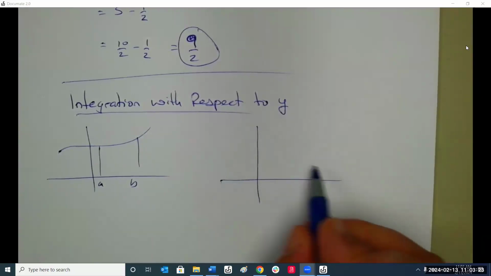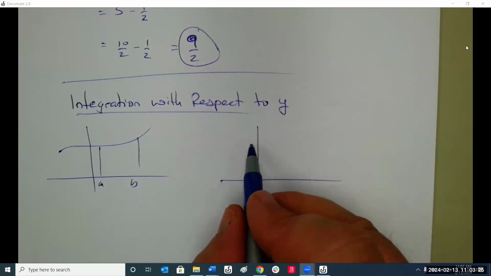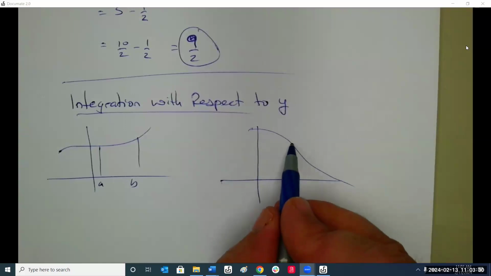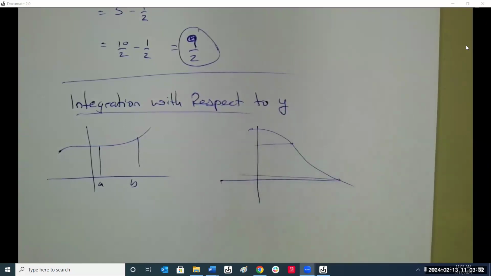Now we want to do it this way with respect to the y-axis. So now how do we do that?